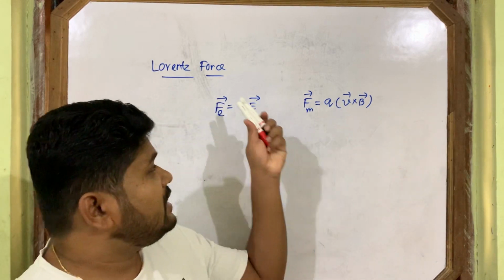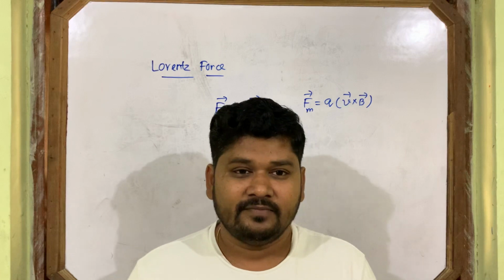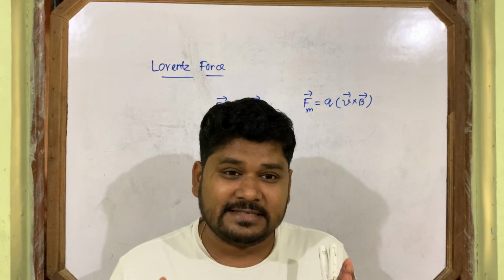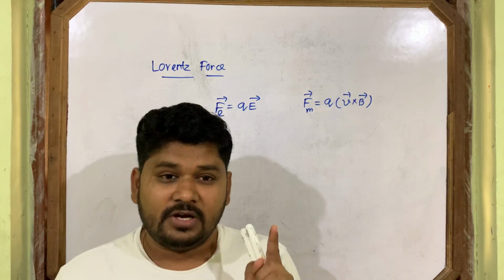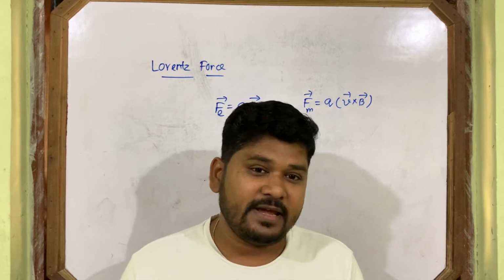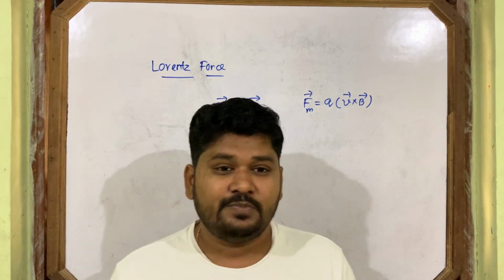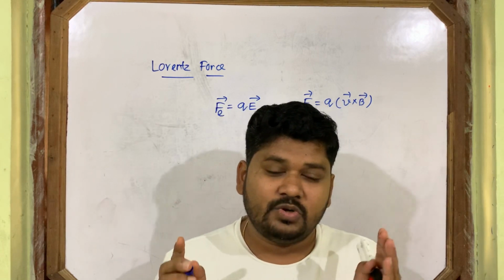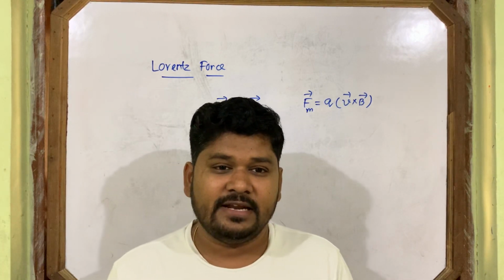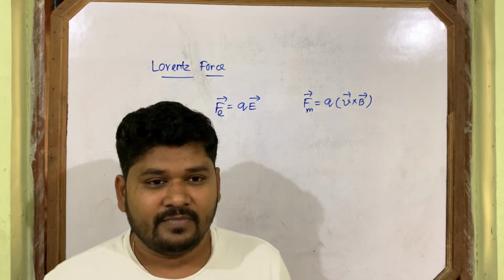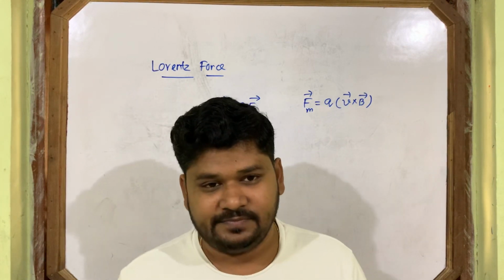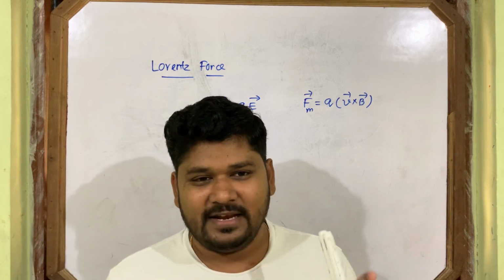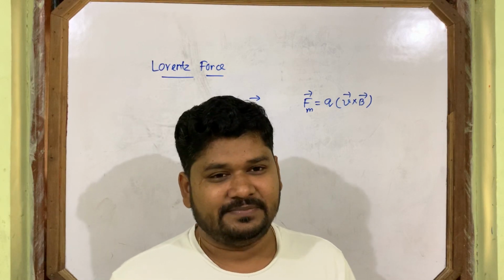But what do we mean by Lorentz force? When a charged particle remains in a region of both electric and magnetic field. Suppose in a region both electric field and magnetic field are present simultaneously, and one charged particle enters inside.